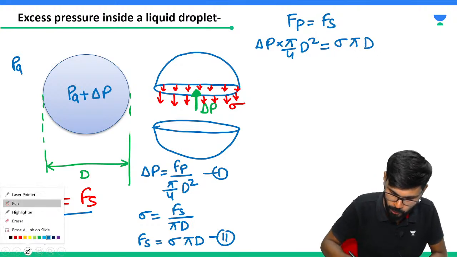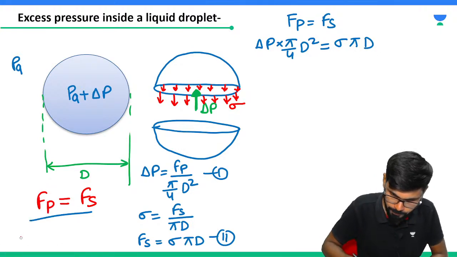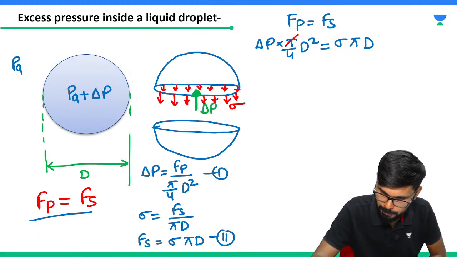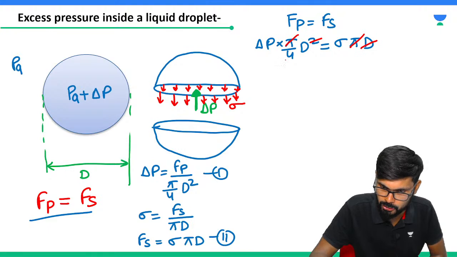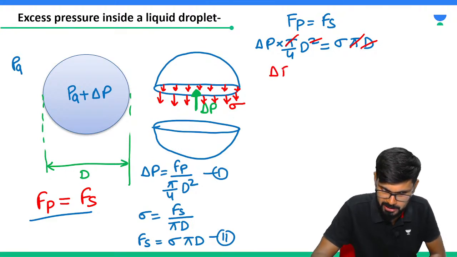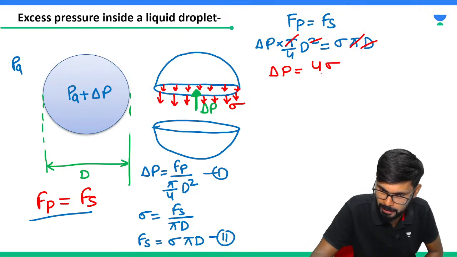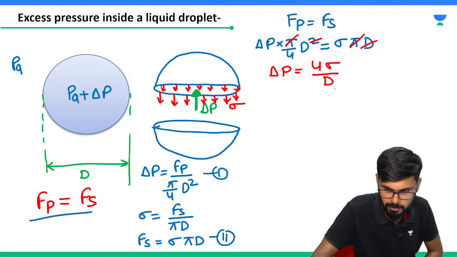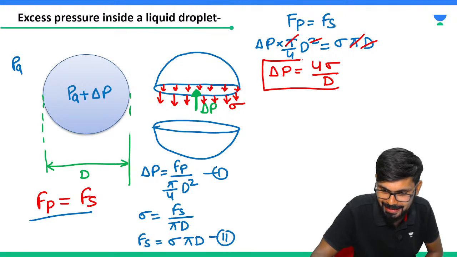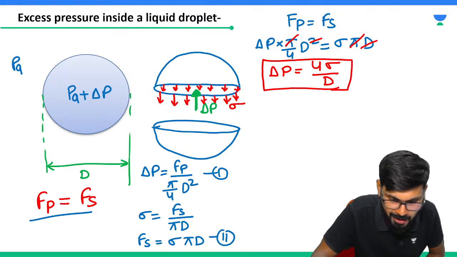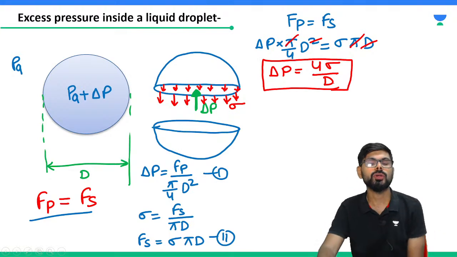Pi cancels with pi, one d cancels with one d. So delta P value you are going to get is 4 sigma by d. This is the excess pressure inside the liquid droplet.